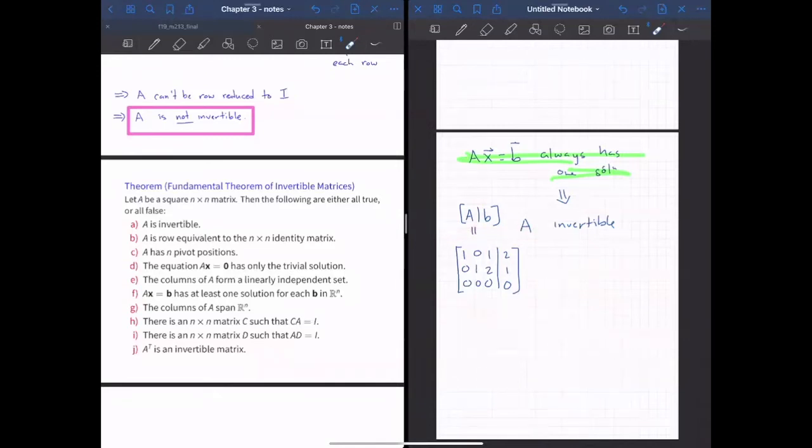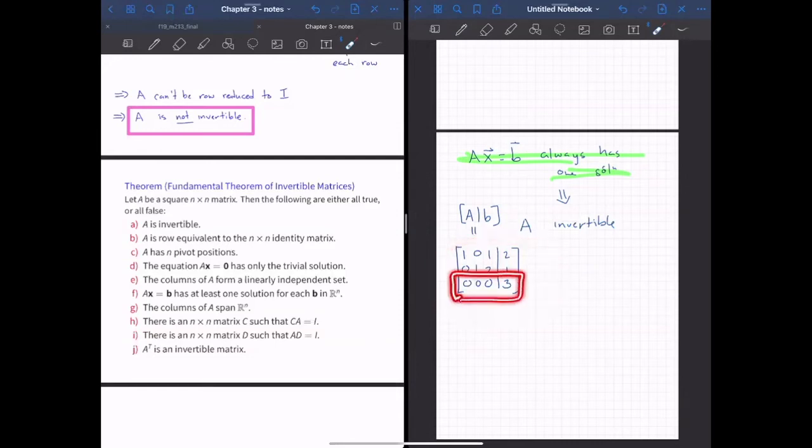But the only reason it has solutions is because we got really lucky, and in that bottom spot we got a 0. If you were to just randomly choose a vector b and plug it in, chances are you're not going to get 0 in this spot. And so chances are the thing that you end up with is not going to have a solution because you have a bad row here.